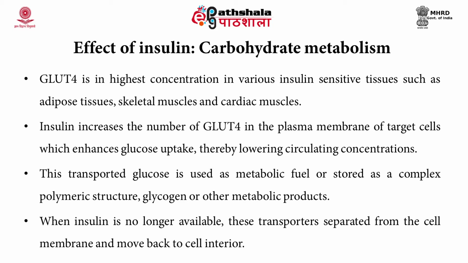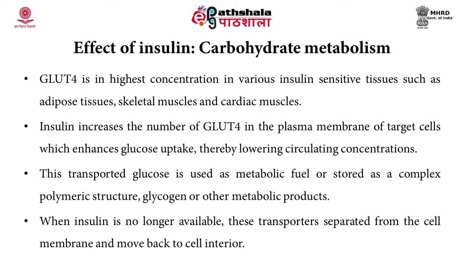Till date, 7 sodium independent transporter isoforms have been identified, GLUT1 to 7, but only GLUT4 is in the highest concentration in various insulin sensitive tissues such as adipose tissue, skeletal muscle and cardiac muscle. Insulin increases the number of GLUT4 in the plasma membrane of target cells, which enhances glucose uptake, thereby lowering circulating glucose concentration.